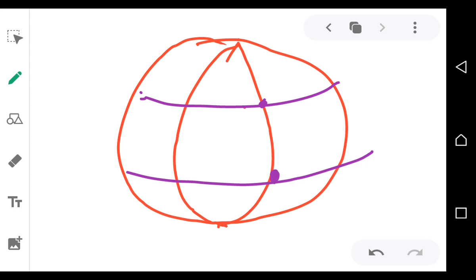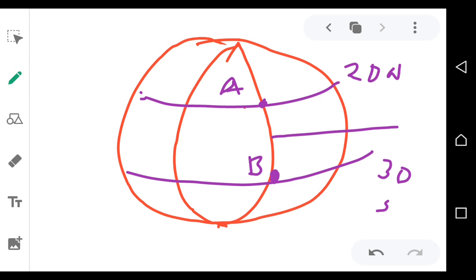I name this one as A, I name this one as B. So this one I'll say 20 north. I can say this is 30 south. Okay, B.